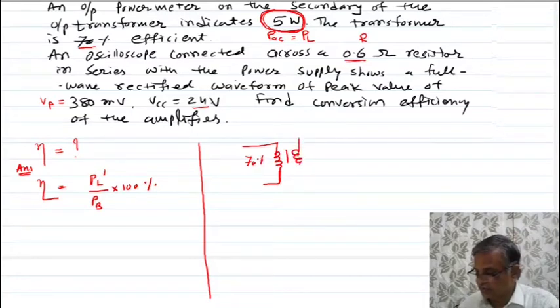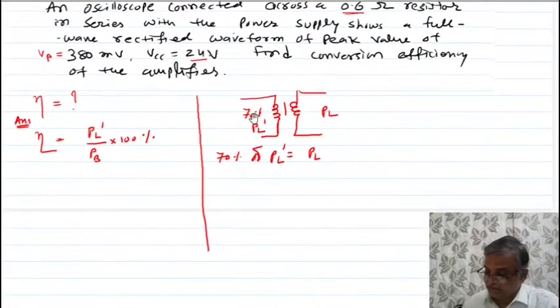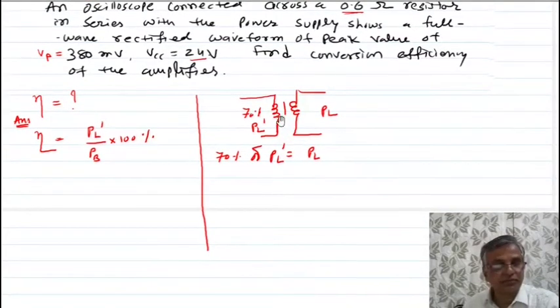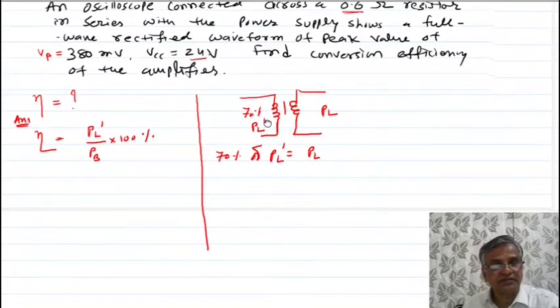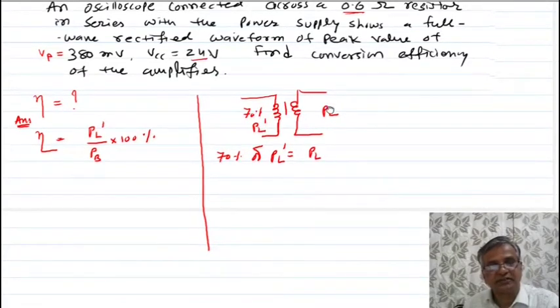Here you are getting PL, and this is PL dash, meaning 70% of PL dash is transferred to PL. So I should write 70% of PL dash: whatever power is delivered here, 70% of it is transferred here.